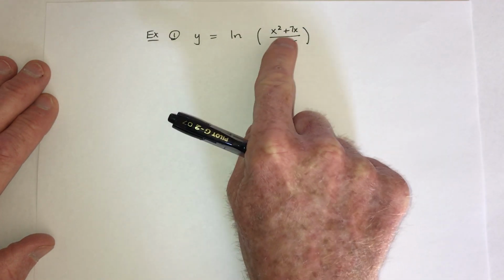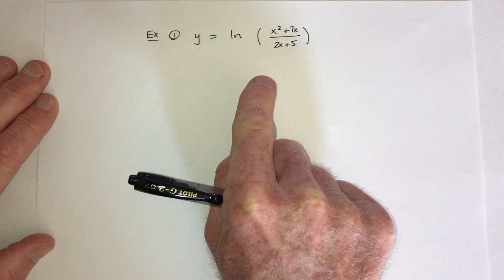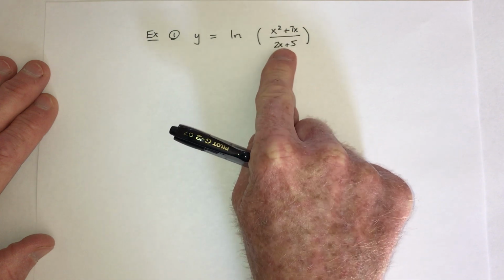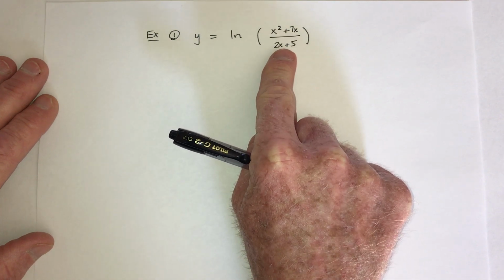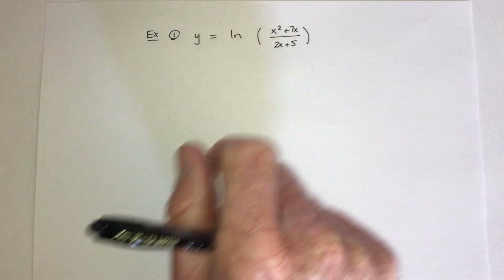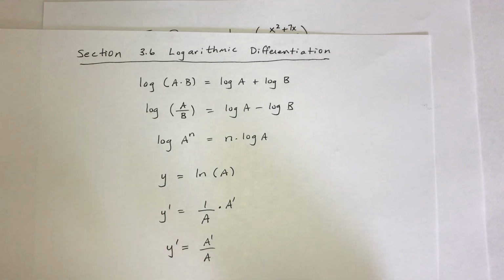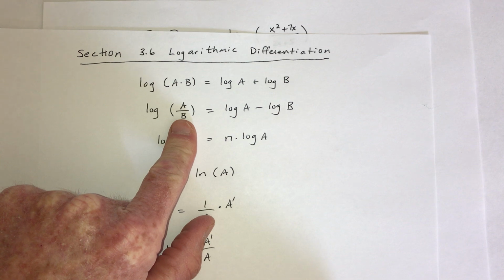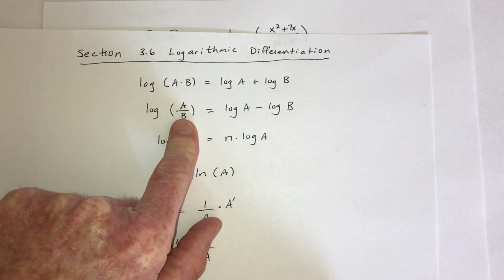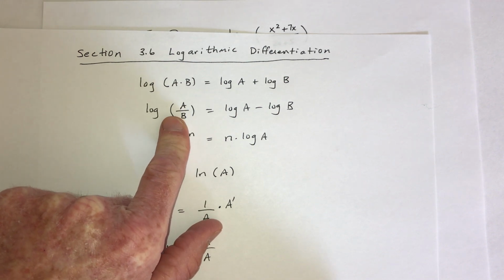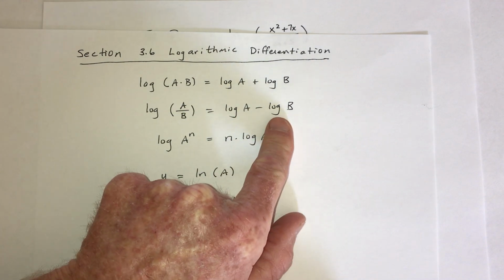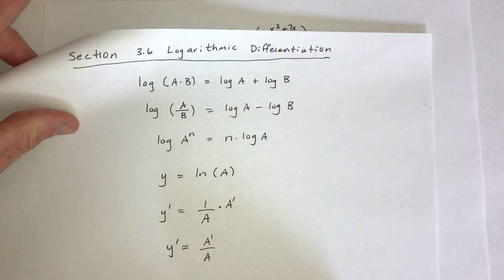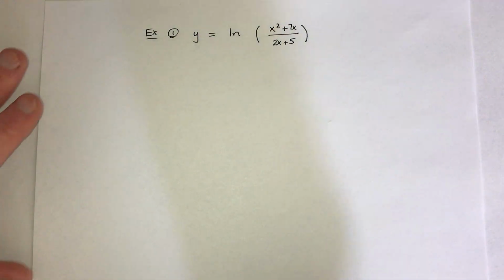So it would be 1 divided by this, and then do the chain rule, take the derivative of this, which means the quotient rule. Or you could use these rules, especially this one for this example. And what you can do is you're basically taking one complicated problem and breaking it into two easier problems. So that's what I'm going to do here.